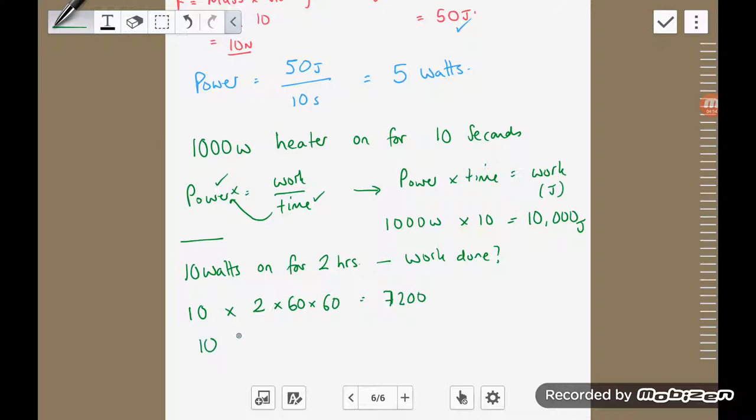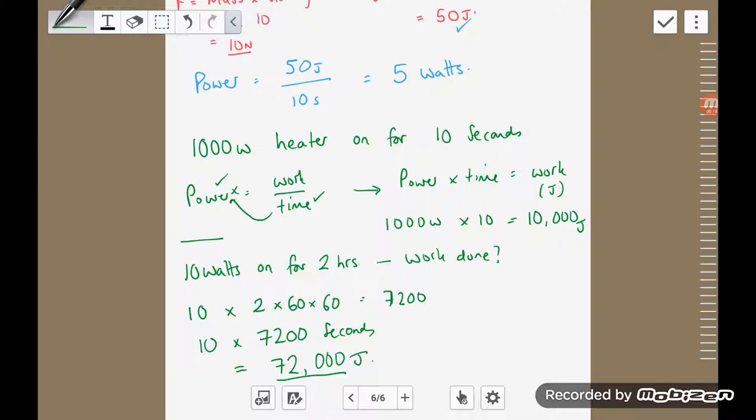So we have 10 times 7,200 seconds, which equals 72,000 joules. And so a light bulb, a 10 watt light bulb on for 2 hours, we need to convert it to seconds, and we get the work done at 72,000 joules.